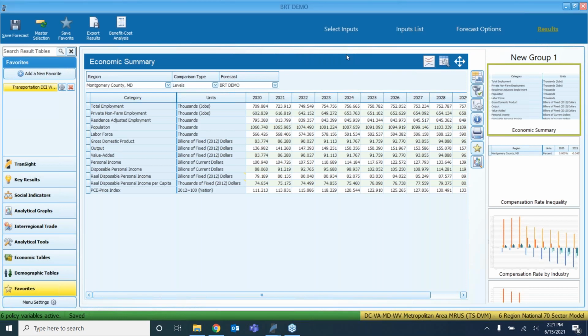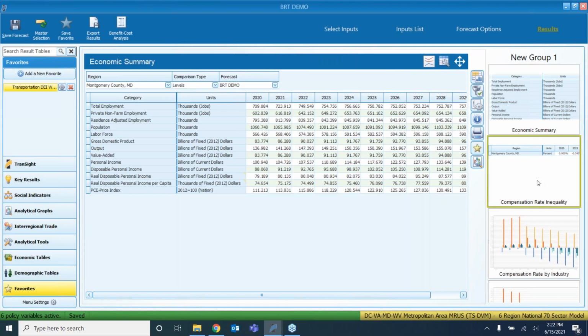So from here, we can take a little bit more of an in-depth look at what's going on beyond just this economic summary table. So getting into our DEI indicators, we will begin by looking at compensation rate inequality.